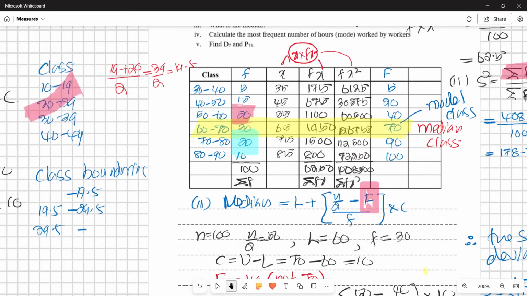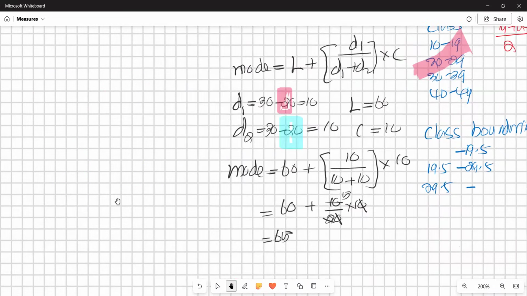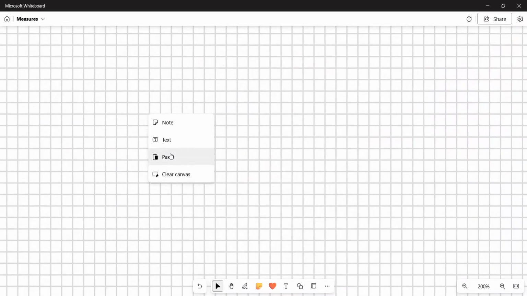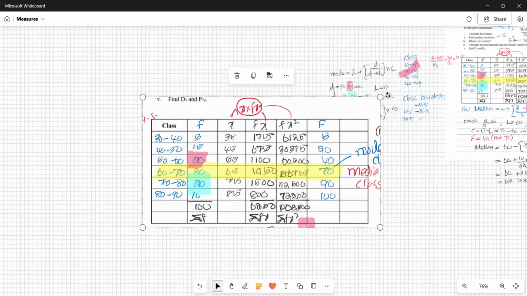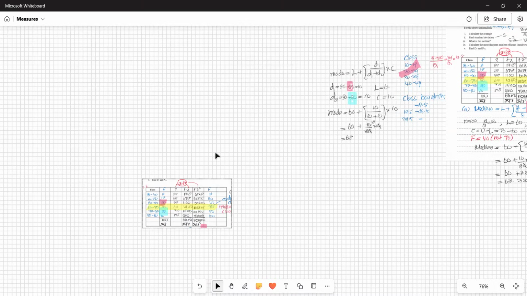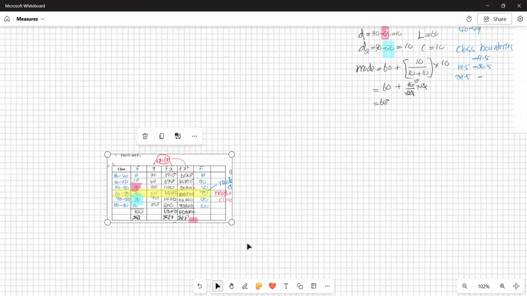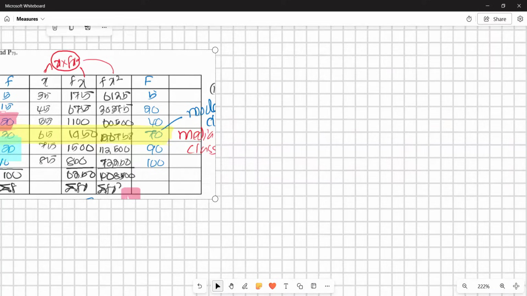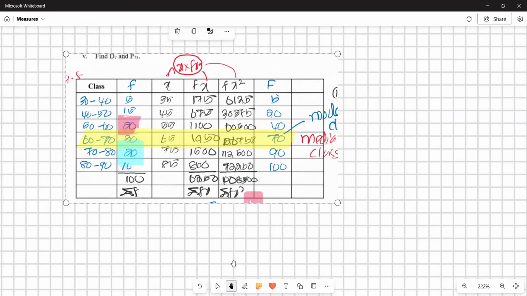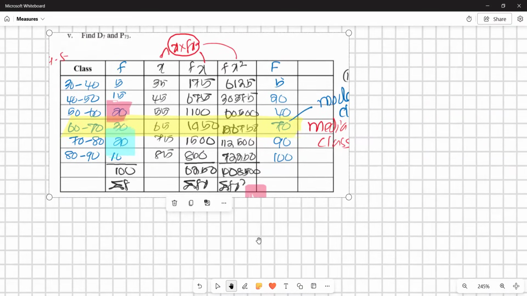I am going to take a screenshot and put the table on the screen again. Here is the table. The fifth part asked to get D7.